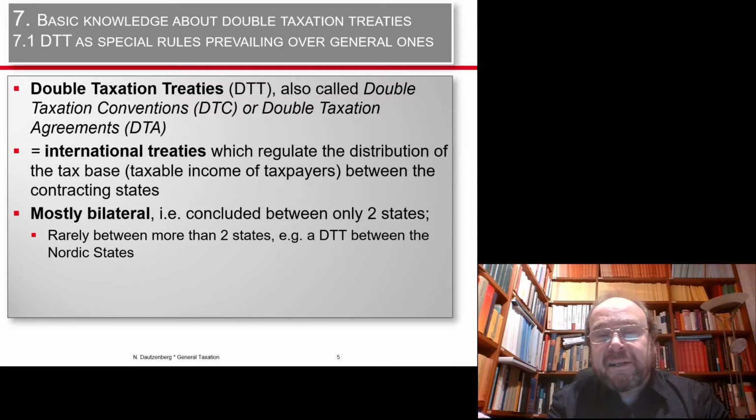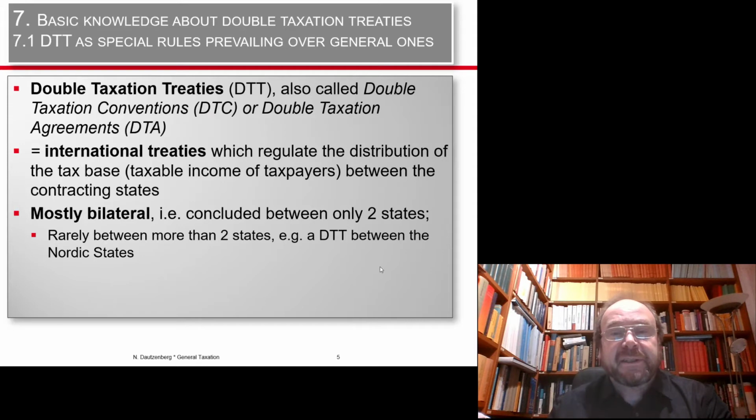Mostly they are bilateral, so only two states enter into negotiations and conclude a double taxation treaty. So naturally, as there are approximately 200 different states and territories with tax laws all over the world, you have a vast number of double taxation treaties outside there, and only in a very few cases you have double taxation treaties where more than two states agreed on a common set of rules.